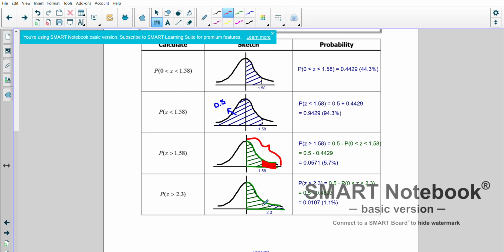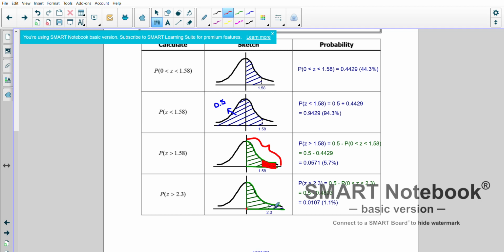So maybe try the next one on your own, pause the video if you need to, but it's basically the exact same. I need z greater than 2.3. So here's the 2.3. I'm going to use the same logic here.